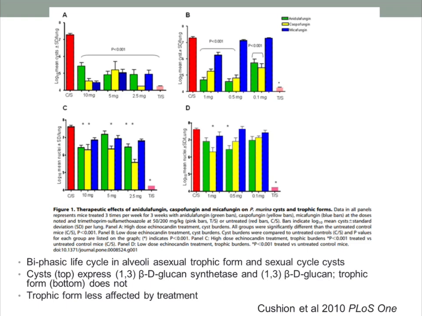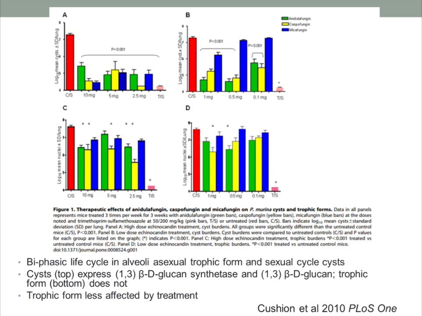It anchors to type 1 alveolar cells, and then it leads to a cystic phase that's sexual reproduction. The cysts express a ton of 1,3-beta-D-glucan. They express 1,3-beta-D-glucan synthase, and that's why in patients with florid infections, you get very, very high levels of 1,3-beta-D-glucan. The trophic form does not.